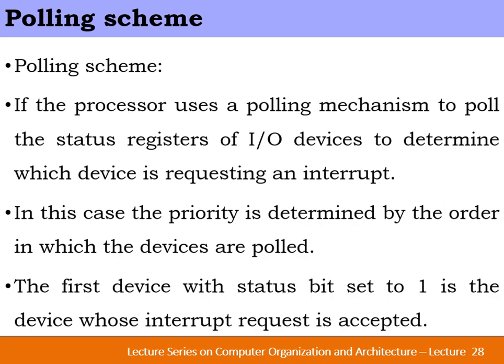So in the priority mechanism, only the devices which have higher priority can request an interrupt. That happens in case of priority arbitration, that is, the priority scheme.